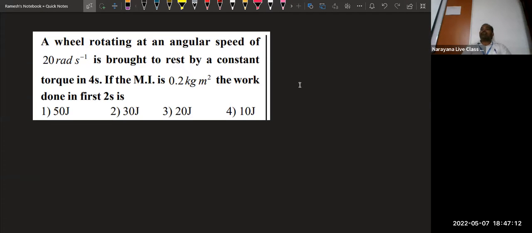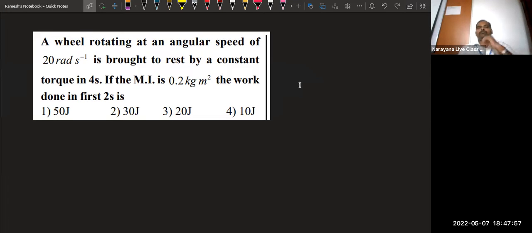But the final angular speed after 2 seconds you have to find. Sir, work done is equal to change in kinetic energy.